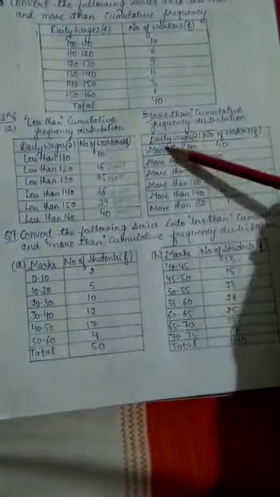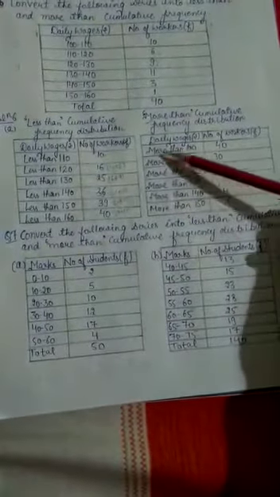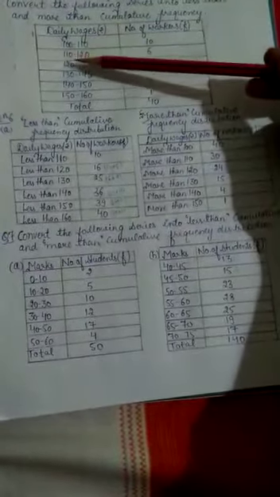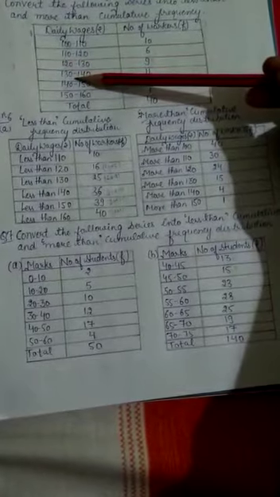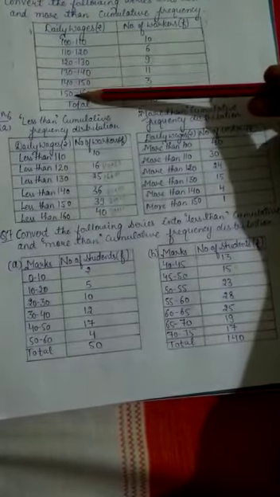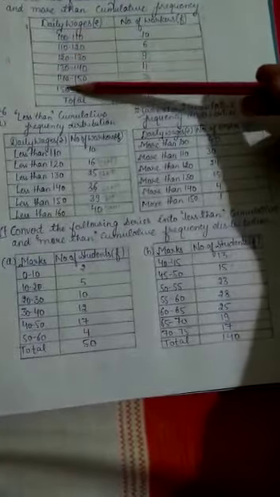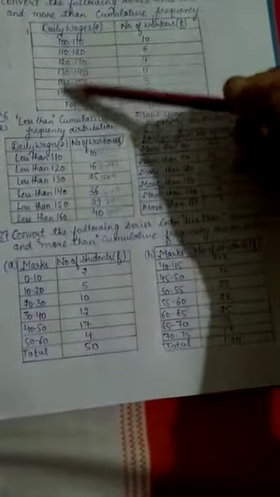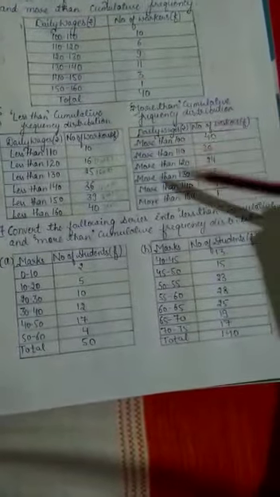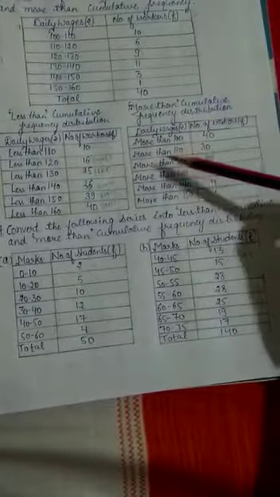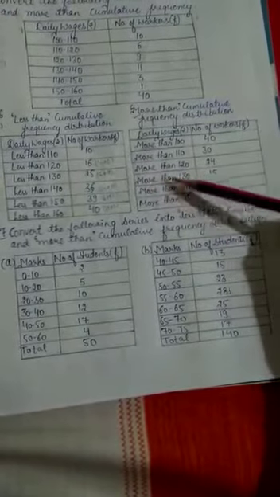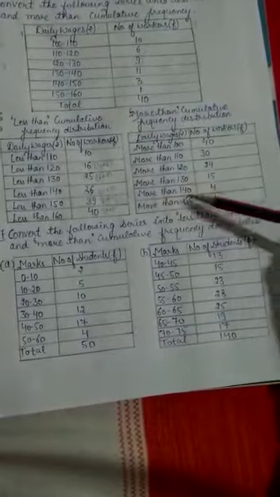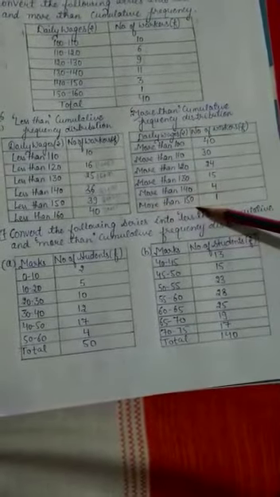So our columns will be more than 100, more than 110, more than 120, more than 130, more than 140, more than 150. These are the lower limits, so we will write these only.